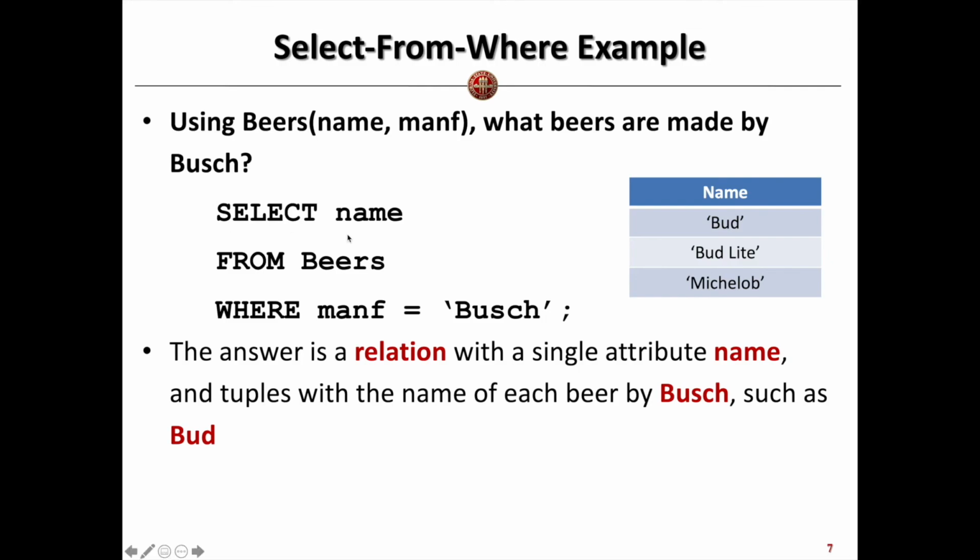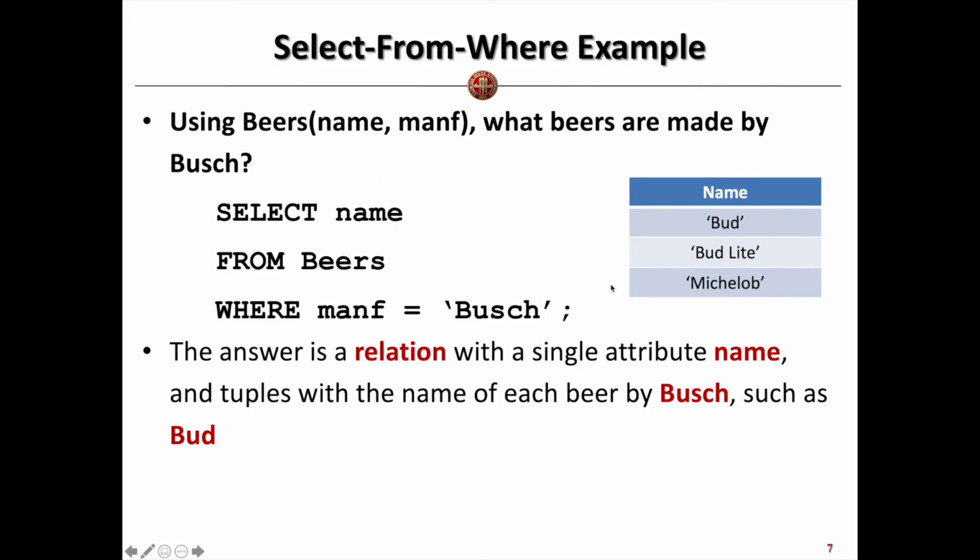We select the name, beer name, from beers, the table, where manufacturer equals Bush. Bush is a string, and we're matching the manufacturer with the Bush string, followed by a semicolon denoting the end of this statement. In this way, we're able to find all the beer names which are made by Bush.